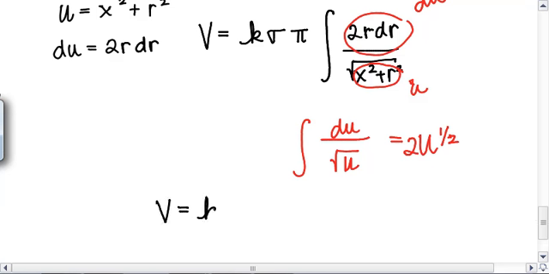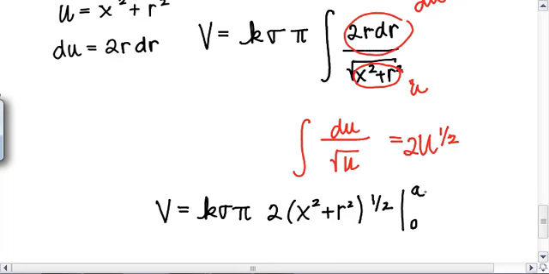So our k sigma pi. Who knew you would eventually be doing physics in terms of Greek letters? All right, so what was u? X squared plus r squared to the 1/2. So now we need to evaluate it from 0 to a, and the r we need to substitute in.